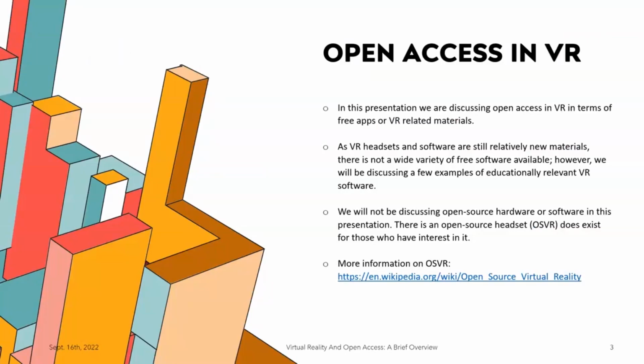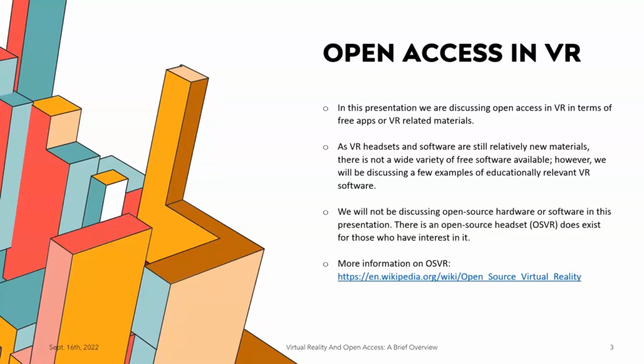Another important component of this presentation is open access as it relates to virtual reality. When we discuss open access in virtual reality, we are not discussing open source code. We are thinking more along the lines of open access publications.